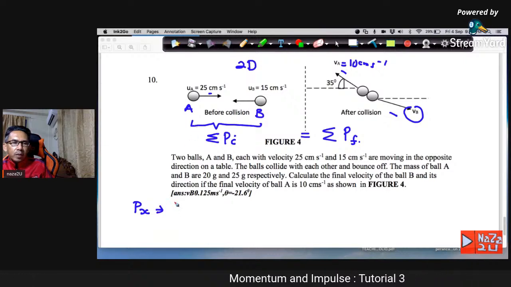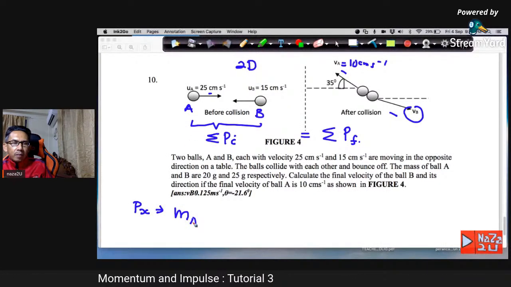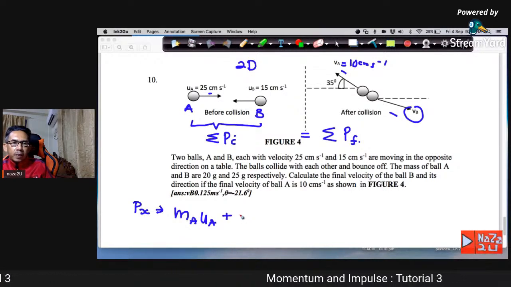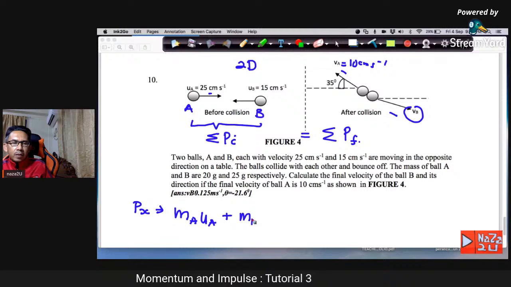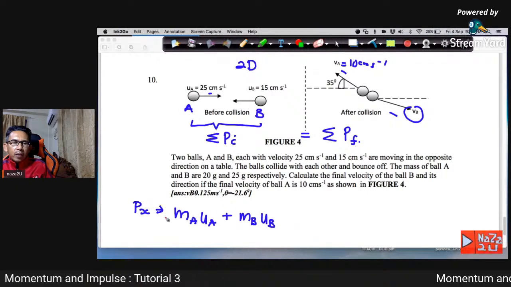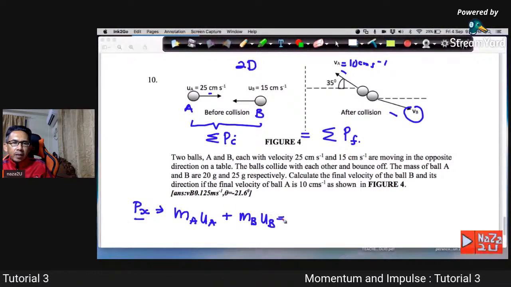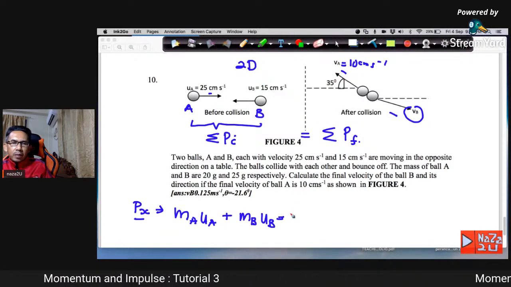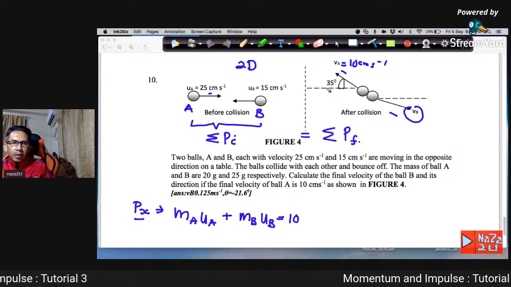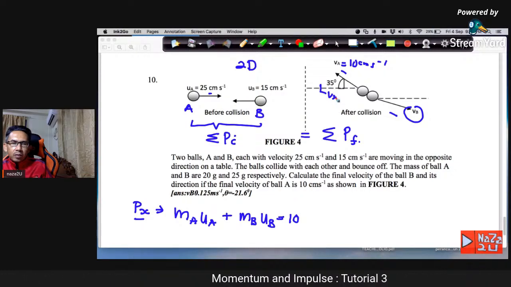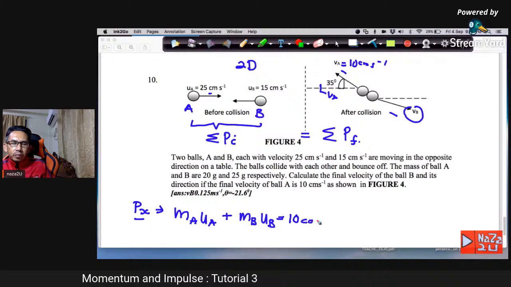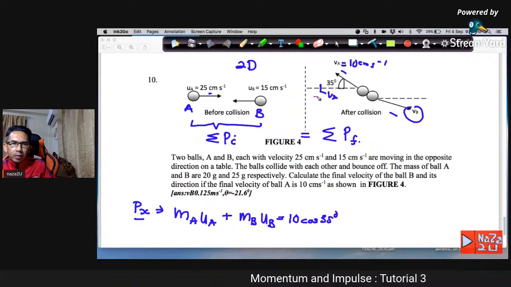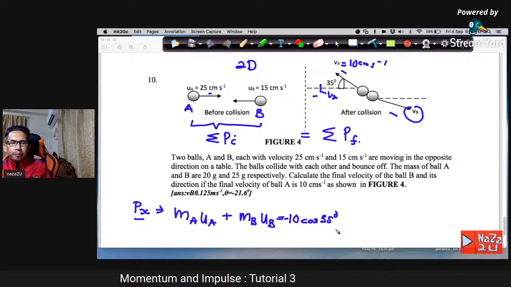So we start with object A: MA UA plus MB UB, and for the X we resolve to X. Since A has 10 cm, we resolve 10 to the X, which is VX here, so we have 10 cos 35, and because the direction here is to the left, it must be negative.